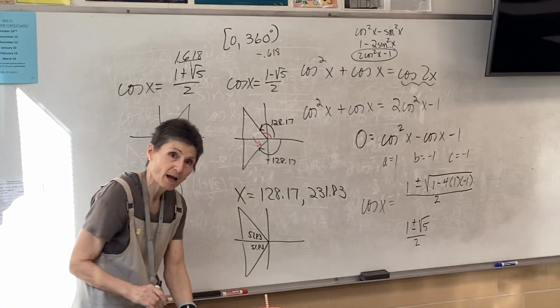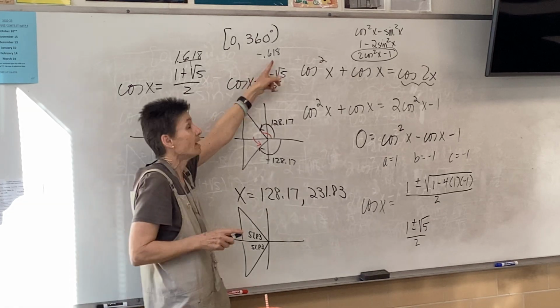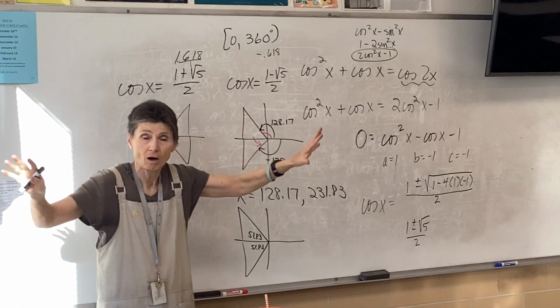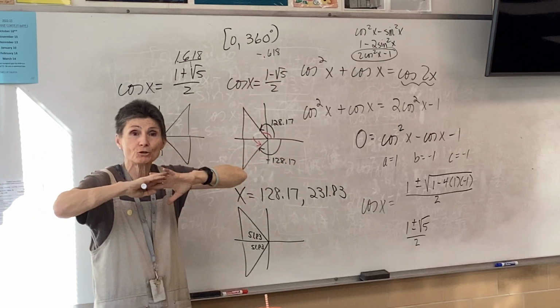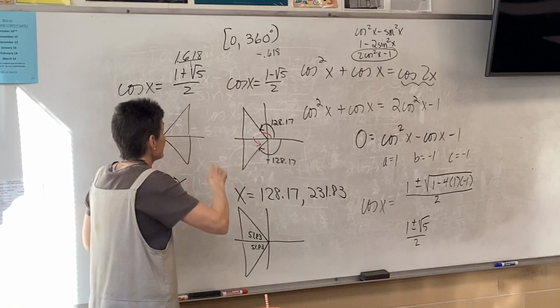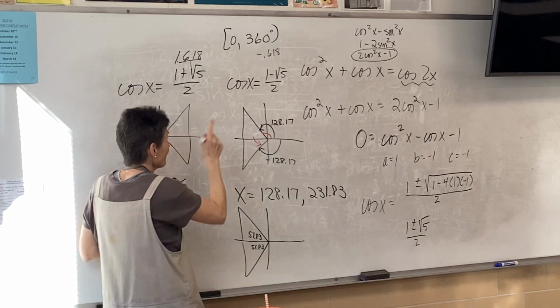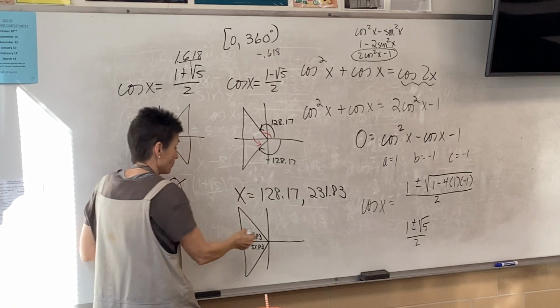Then you can find your actual answers. I got that by second cosining the positive. I just left the negative off because whenever you do just the positive, you're going to get your reference angle. So I second cosined 0.618, and that gave me a reference angle of 51.83.